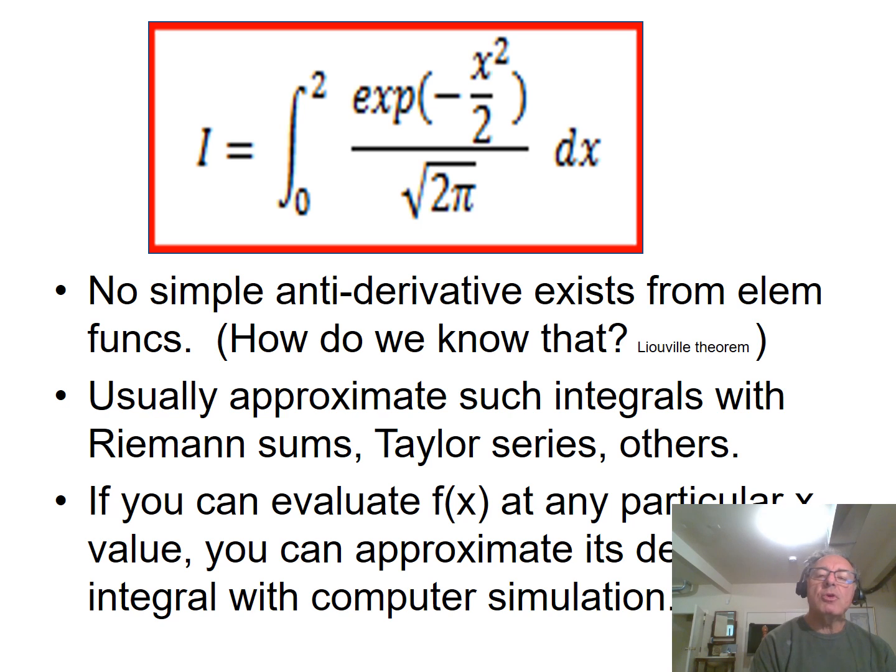You will probably learn that fact in calculus, although most first-year calculus classes will not tell you why we know such a simple antiderivative does not exist. It took me a long time to find any evidence of why that is, but there is some advanced mathematics, and there's a Liouville theorem, I'm probably mispronouncing that, which does discuss why that's not the case.